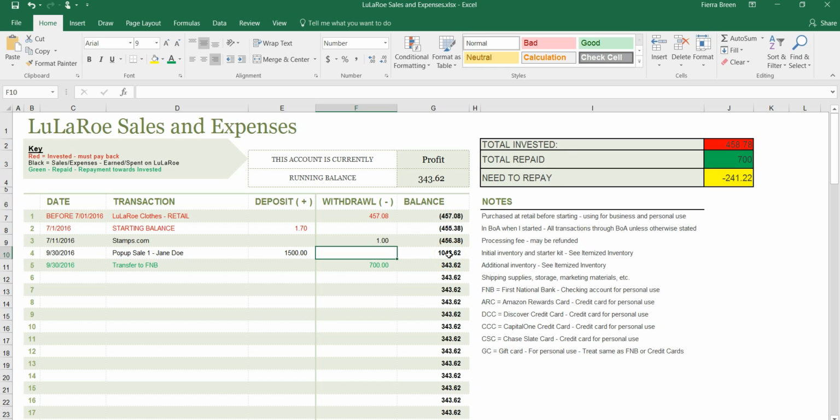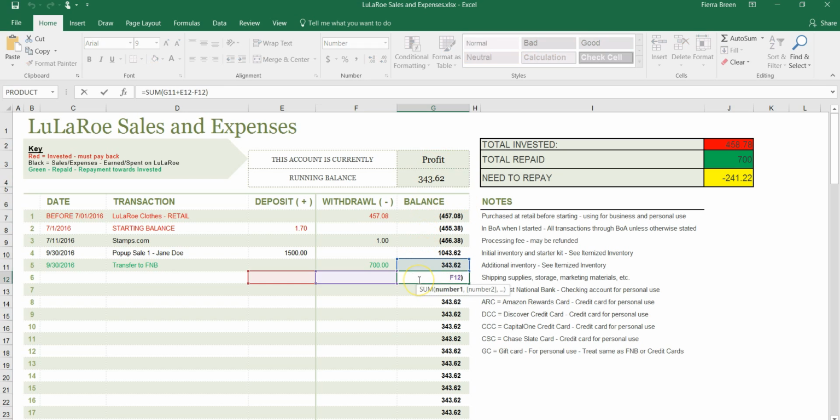I did my $1,500 pop-up sale, so now I'm in the positive, $1,043.62. And then I took out $700 to pay my initial investment and to pay myself for doing LuLaRoe, because, treat yourself. And so there's the balance right here, which shows up in this box. And that's it.